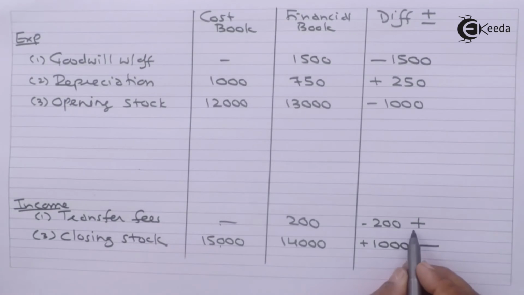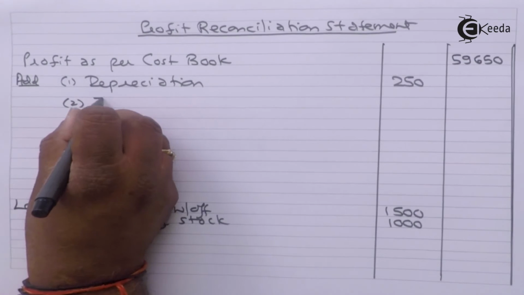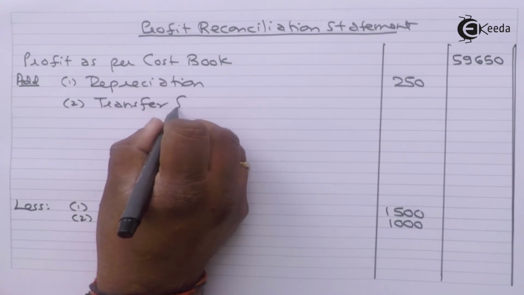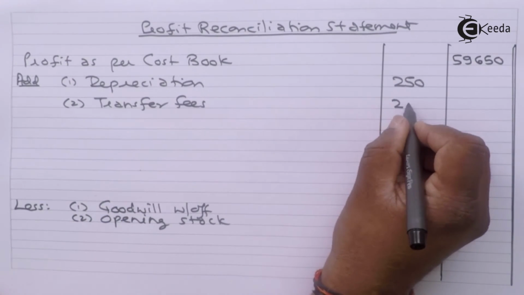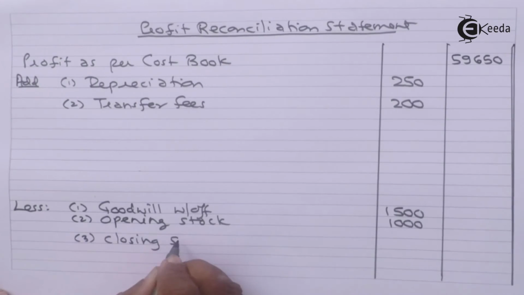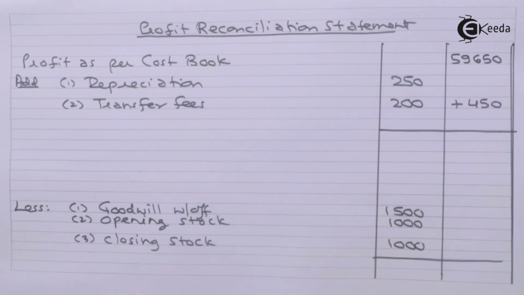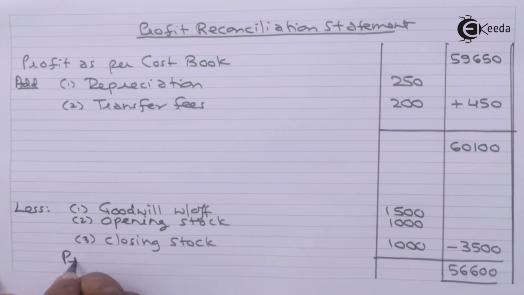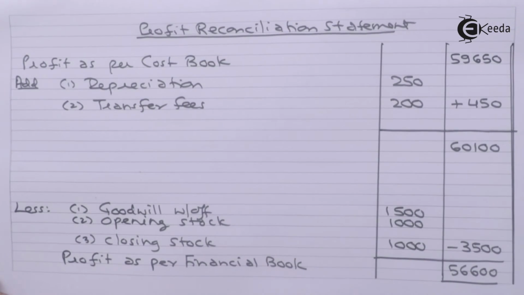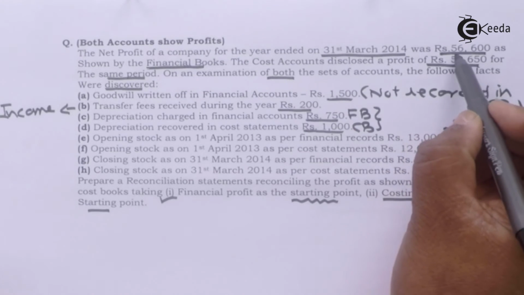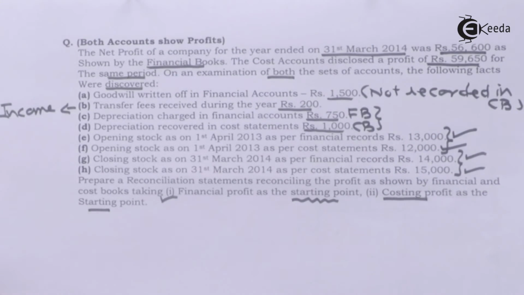Transfer fees plus 200. Closing stock minus 1,000. Profit as per financial book 56,600. Here in the question they have given profit as per financial book 56,600, that is matching over here.